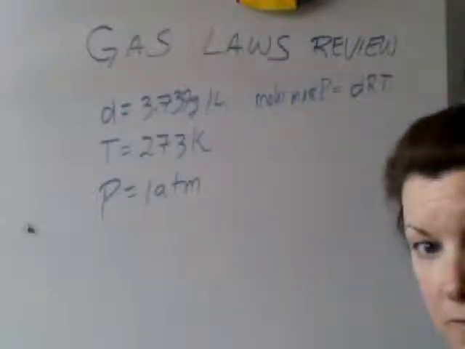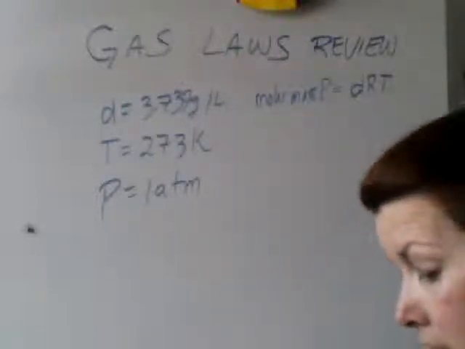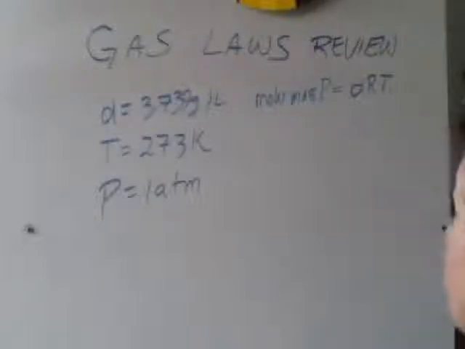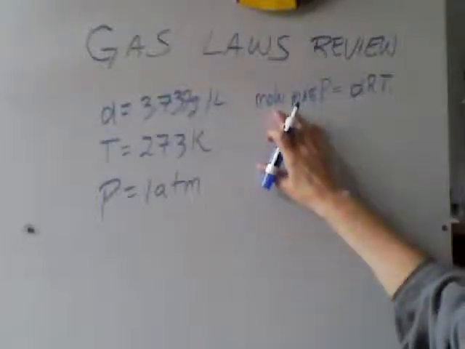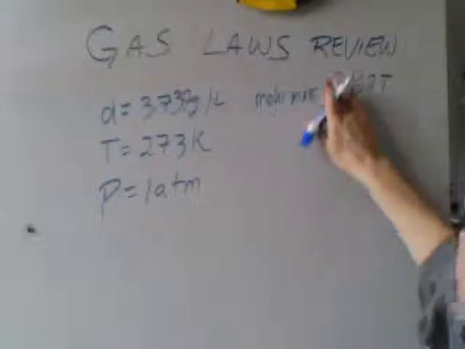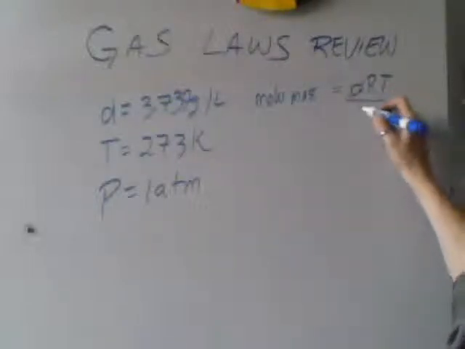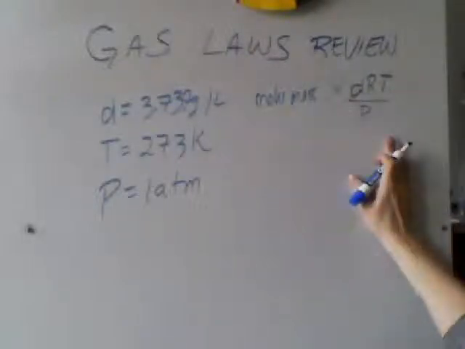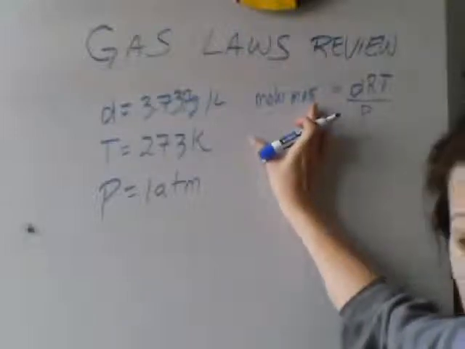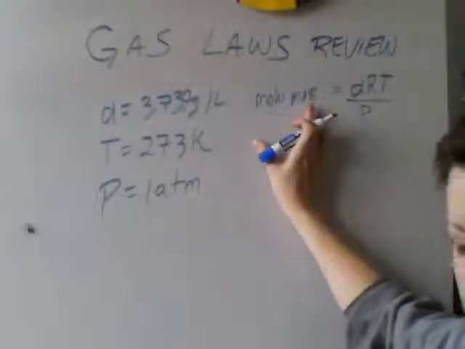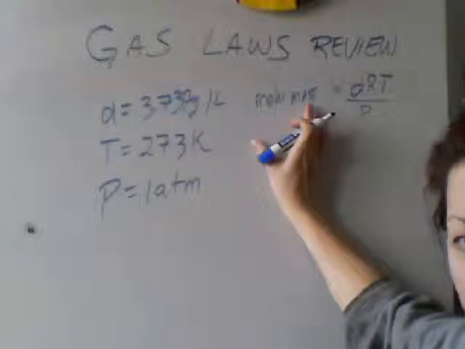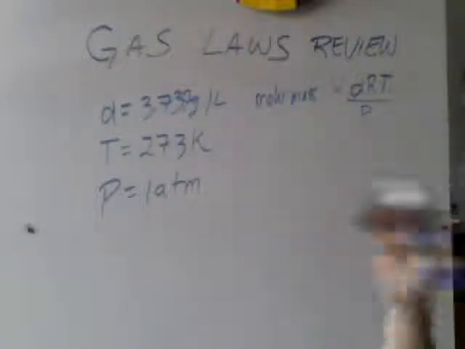So we can use this formula to determine the identity of a gas by finding out what its molar mass is. We solve for molar mass by dividing both sides by pressure. That moves that variable over. And once we know the molar mass, we can look at our friend the periodic table, and find out what the gas is.